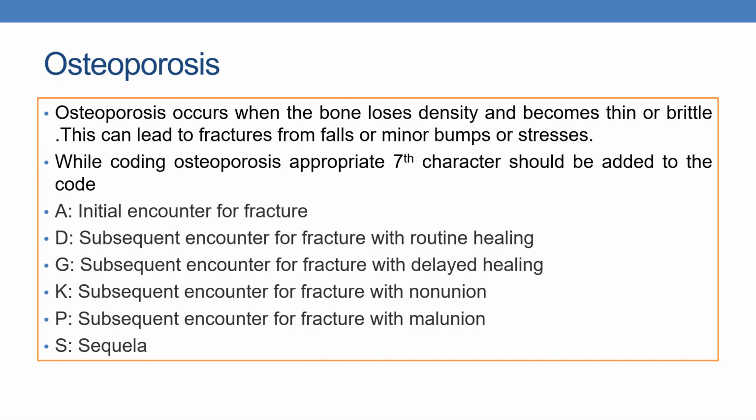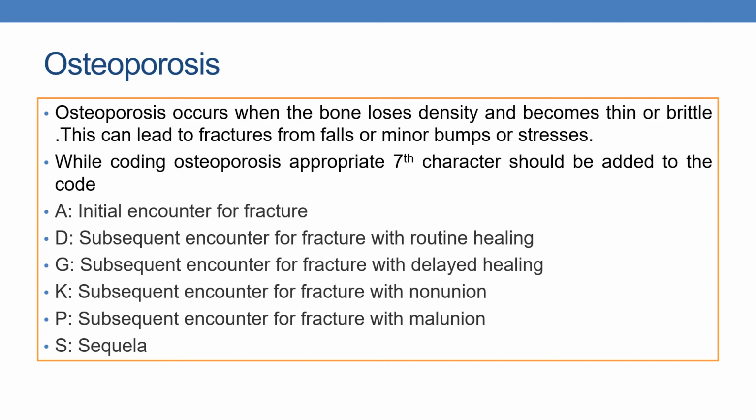So once a person is diagnosed with osteoporosis, and if he falls and is diagnosed with fracture, then by default you need to code osteoporosis with pathological fracture. You need to assume a cause and effect relationship between osteoporosis and fractures.